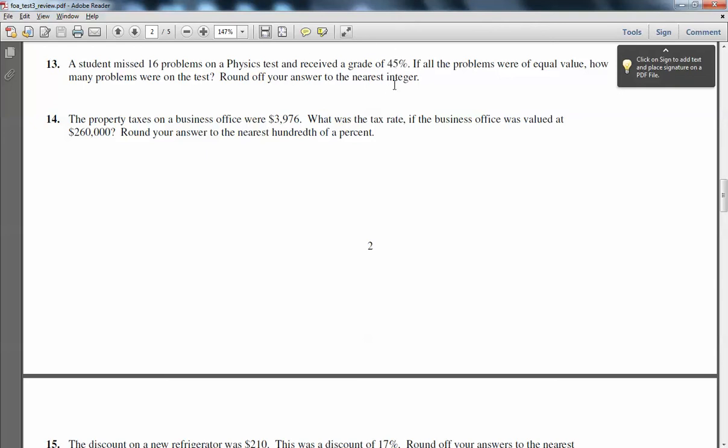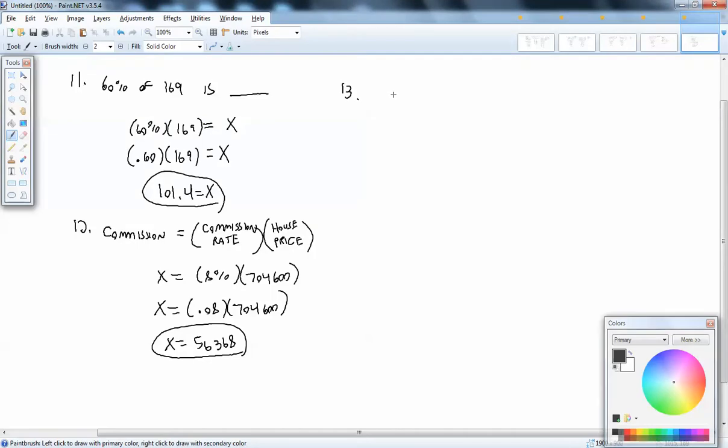Okay, now the formula usually for this is, let me think of a simple example. I give 10 problems on a test, for example.